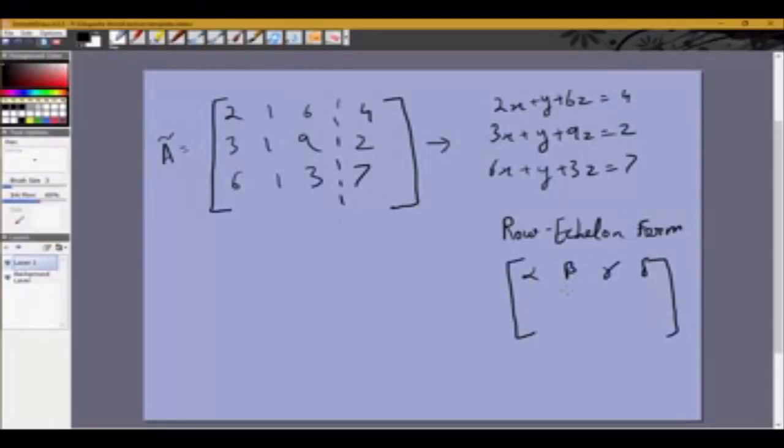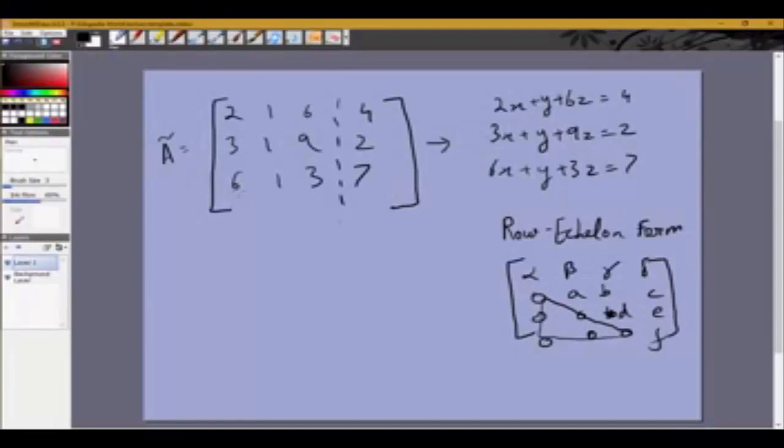I don't know a lot of Greek symbols. I'll just write A, B, C, D, E, F, with 0, 0, 0 below. Basically, the lower triangle would be 0. A row echelon form is basically an upper triangular matrix, right? So you reduce this to an upper triangular matrix by doing row operations.